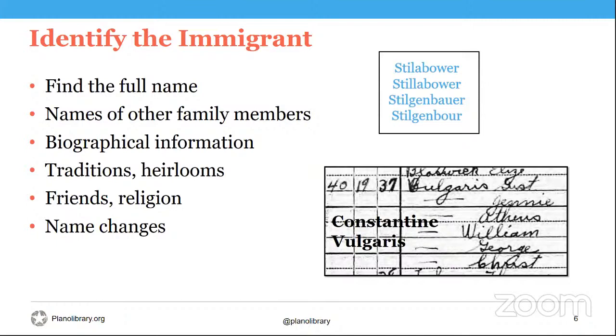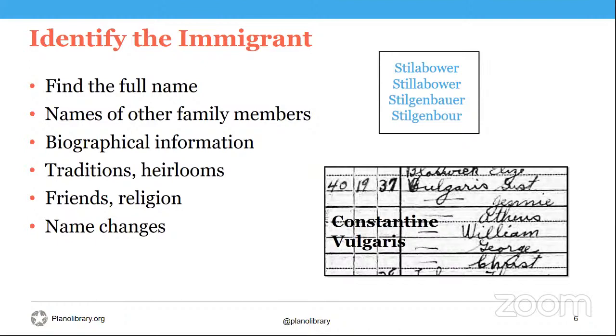You want to know their friends, because maybe they came with friends and not family, or maybe they came with a whole religious group, and you might need to be looking for a group that came over. Also know the many different spellings of their names.